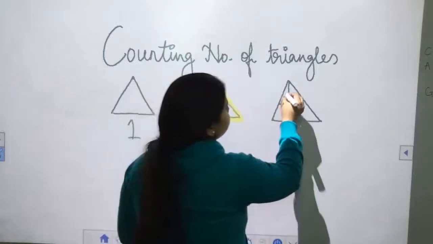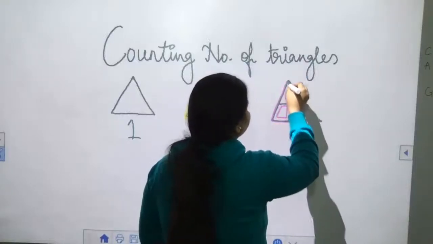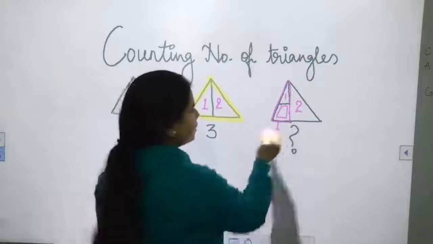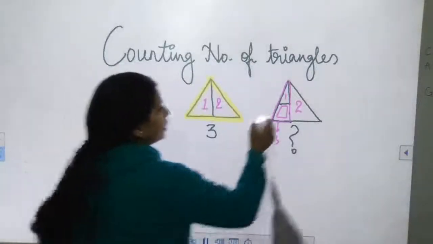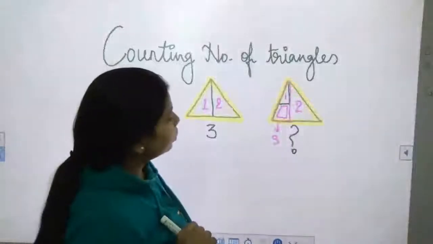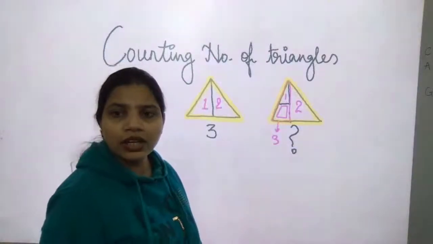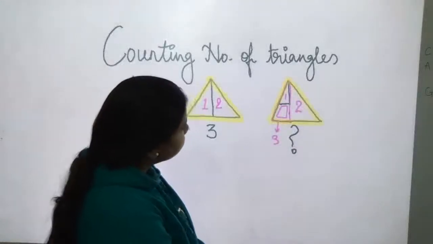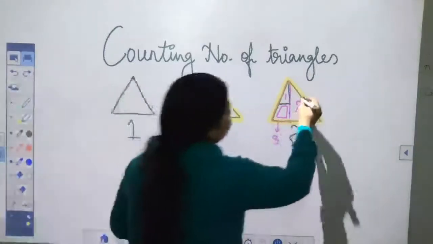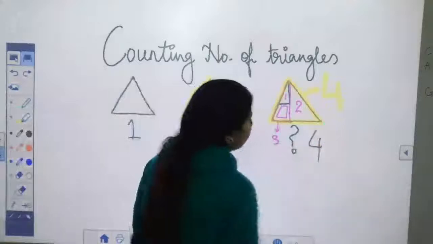This small triangle is 1. B, right? But this triangle, yes? So that becomes triangle 3. Small one 1, 2 and this is 3. And when you take the complete triangle in this way, then these will be 4 triangles. So Adhyan gave 5, Mannat gave 4 and Hemlata Sharma gave 5. So we see 1, 2, 3 and this shape including this one is 4. So the total number of triangles here will be not 3, not 5, but 4.